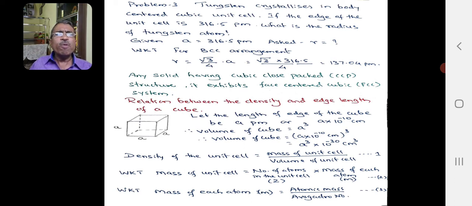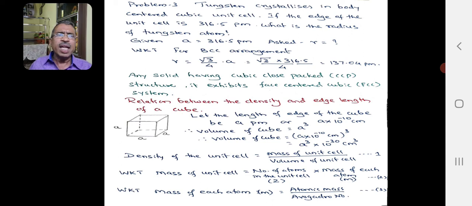Now the volume of the cube will be a cube, that is length into breadth into height. Substituting the value, it becomes a into 10 raised to minus 10 centimeter cube, which is nothing but a cube into 10 raised to minus 30 centimeter cube.